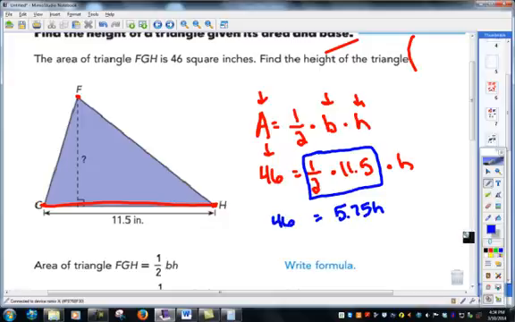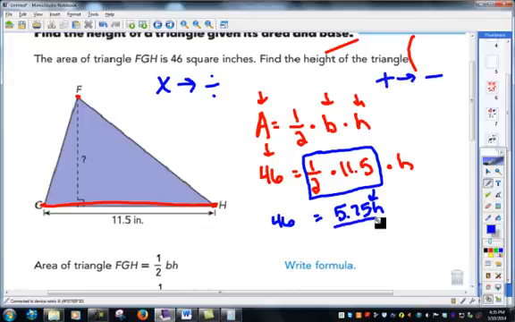And then, as you learned back when we did learning target number 1, now we just have to identify what we're doing to the variable, and then we're going to use inverse operations to solve. Remember, we solve equations. So we say, okay, what's happening right there? Well, H is being multiplied by 5.75. So remember, the inverse of multiply is divide, the inverse of adding is subtracting.